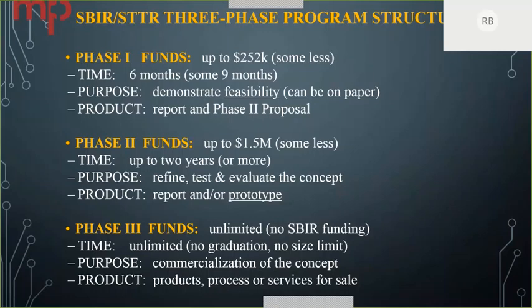But be aware that in the Phase 3 program, depending on the agency, and even though this is not SBIR funds, it's not to develop a project, it's to buy the project that you have developed. So that's a contract that they would make with you, and it's not a grant.